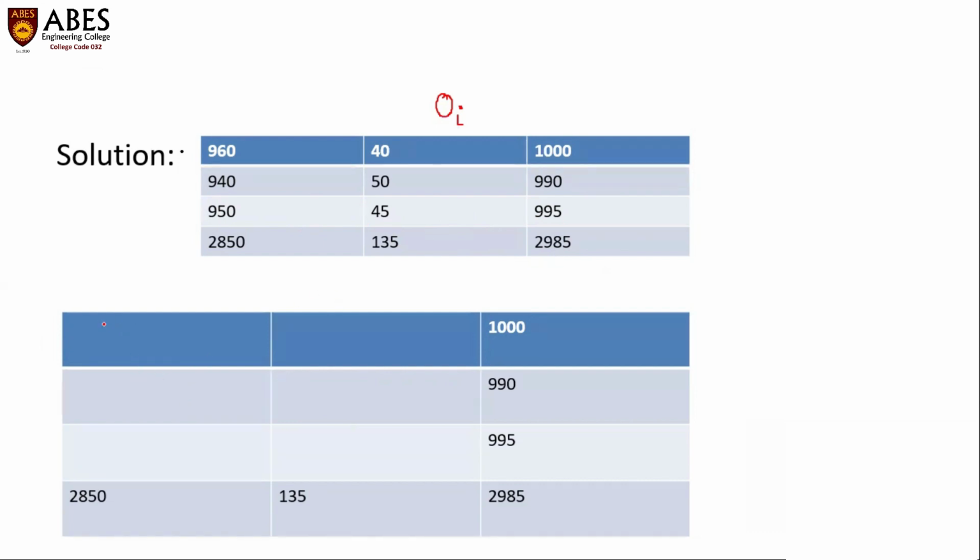So for this cell, the entry will be corresponding row sum, that is 1000, into corresponding column sum 2850 divided by 2985. Right? And when you solve this, you get it equal to 954.77.